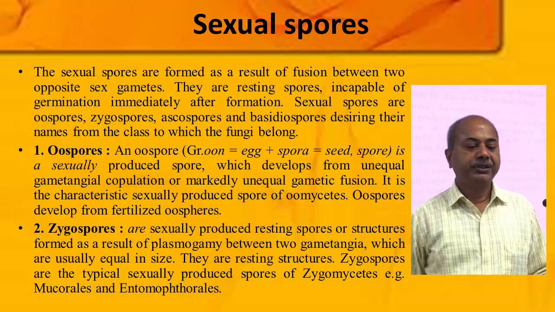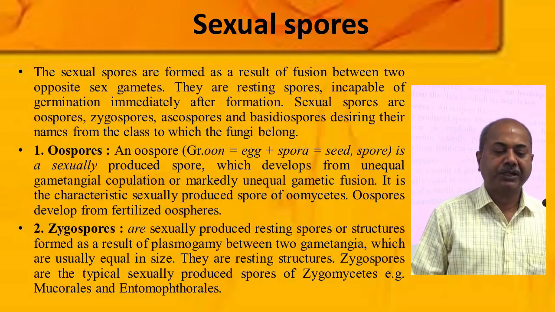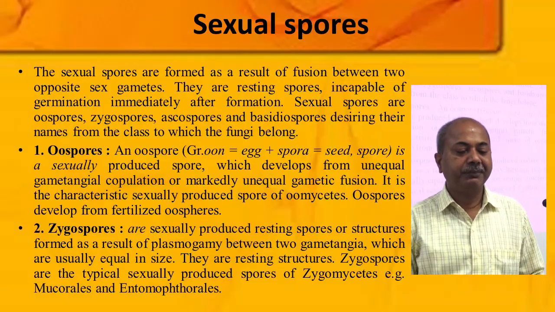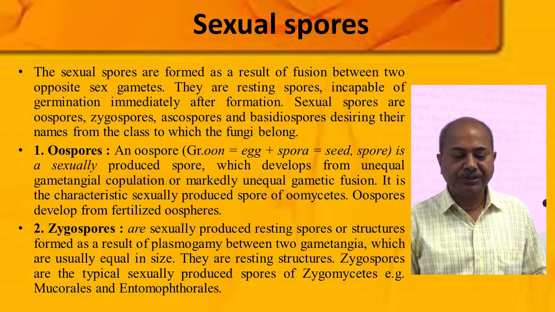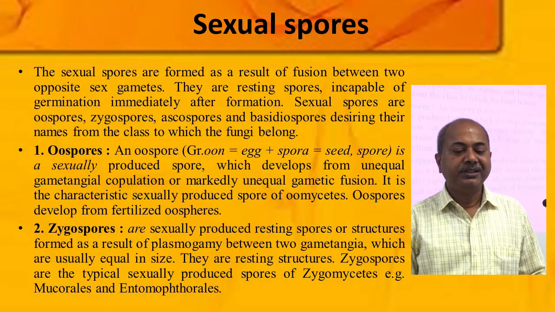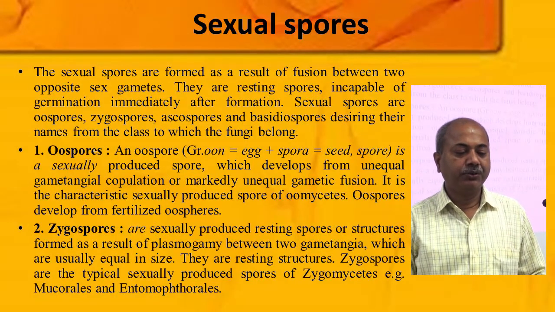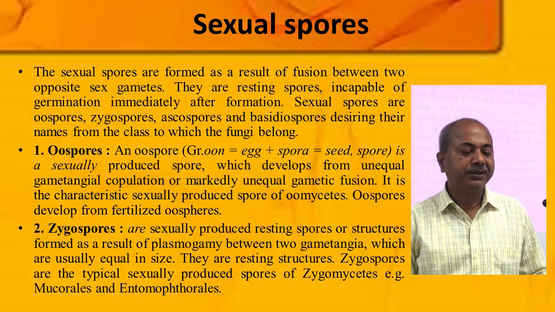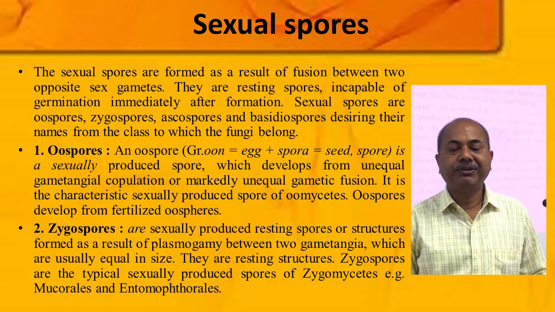So now the sexual spores. Sexual spores are formed as a result of fusion between two opposite sex gametes. They are resting spores incapable of germination immediately after formation. The sexual spores are oospores, zygospores, ascospores, basidiospores, deriving their names from the class to which the fungi belong.